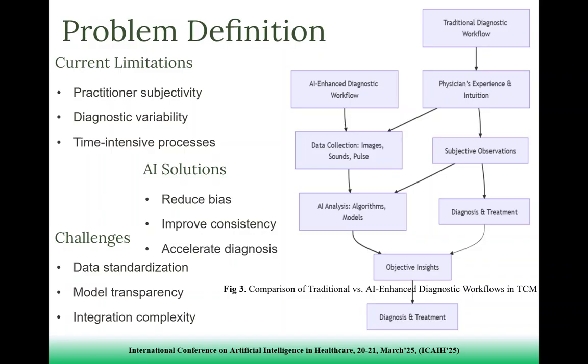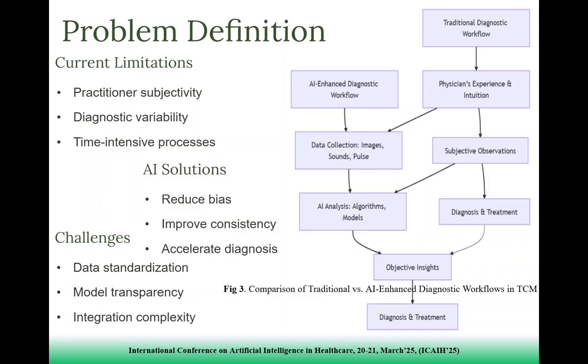There are still challenges for this integration between AI and TCM: data standardization, and model transparency, because we need to persuade practitioners, authorities, and managers to trust the AI models, with explainable AI models that help them better understand and trust the model.